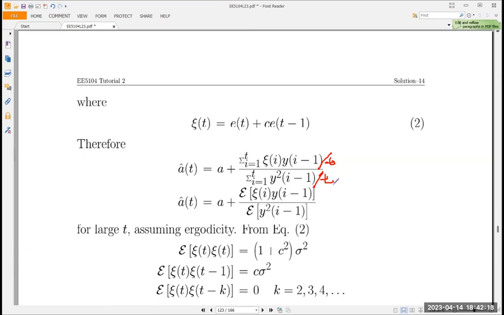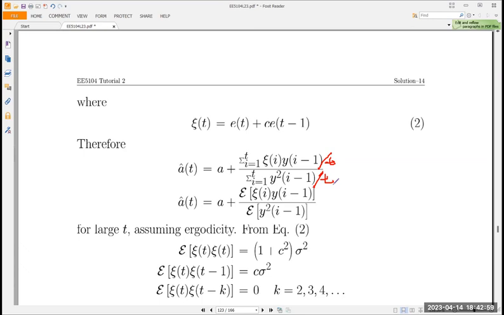Since we assume it is ergodic, which is a statistics term, the expectation is the same as the time average. Then it's the same as finding the expectation of this and the expectation of this. So now we will find the expectation of this and of this, then you put it inside. And hopefully it is 0, then you will see that A hat equals A.